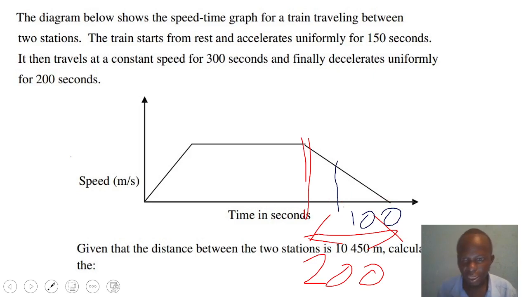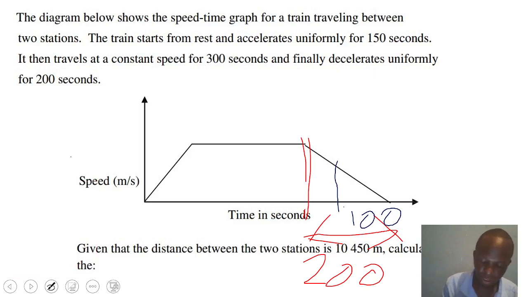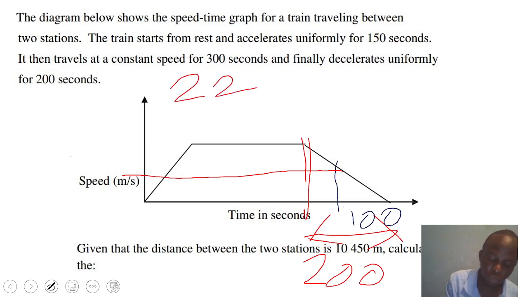Now in that 100 seconds, the velocity, remember that the velocity will decrease by a factor. By which factor will the velocity decrease? So you look at that, you match. Basically the velocity will be reduced by a factor of 2, or let's say 22 divided by 2.